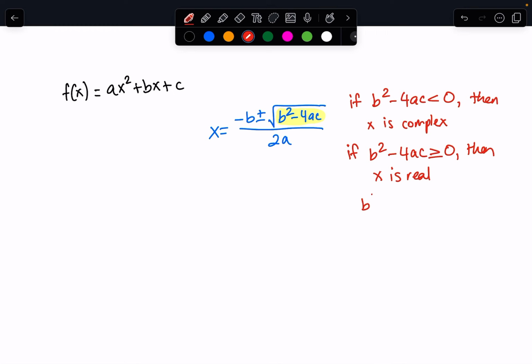And then if b squared minus 4ac is equal to 0, then x is equal to negative b over 2a. You will find that this expression is very important in finding the vertex of the parabola.